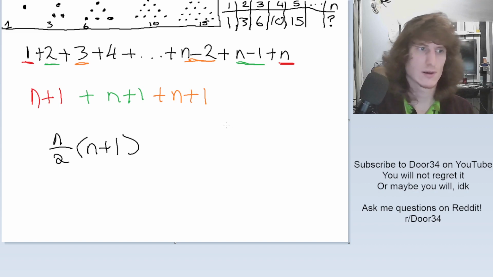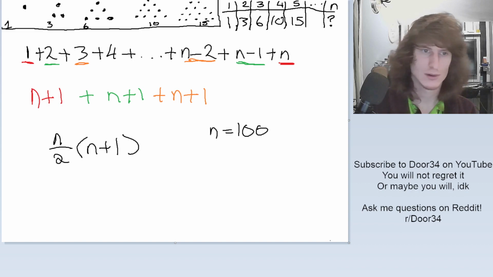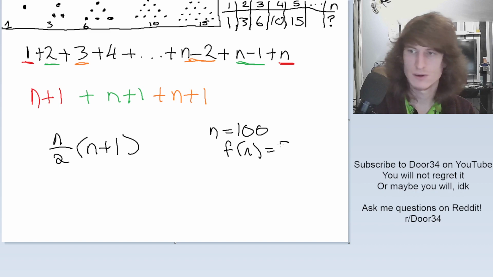So in the start we were after the first, so for n equals 100, and I did have these up. So the 100th triangular number you should find to be 5050.